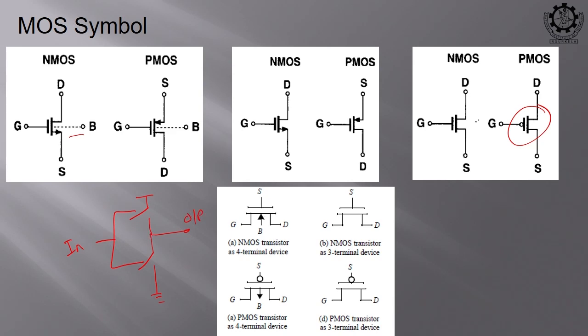So in all digital logic, your MOS transistor is nothing but either off or on in the linear region. Why linear region? We already discussed.